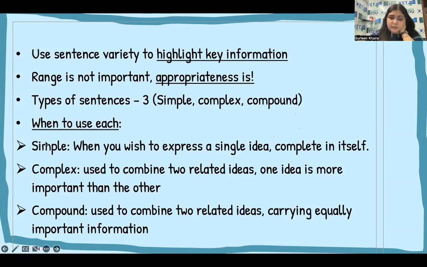So simple sentences are to be used when you wish to express a single idea that is complete in itself. A complex sentence is used to combine 2 sentences or 2 pieces of information or 2 ideas that are related to each other, but you feel one idea is slightly more important than the other. A compound sentence is used when you're combining 2 sentences or ideas and both are equally important.